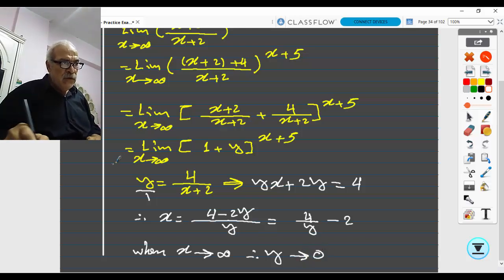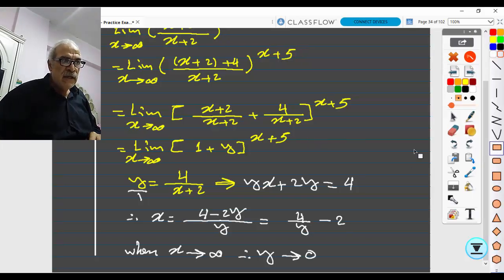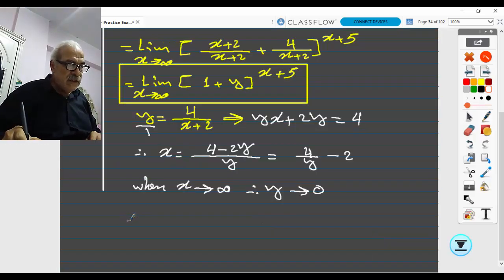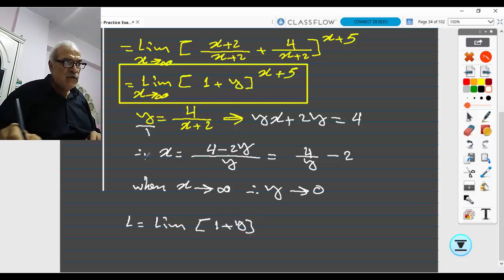Now we will write this limit in a new form. The limit equals the limit of 1 plus y. Instead of x tends to infinity, we will write y tends to 0. Here we have x equals 4 over y minus 2, plus 5.